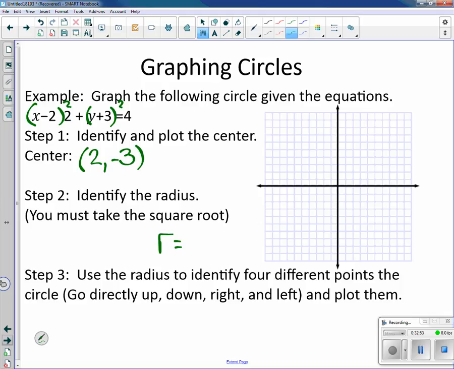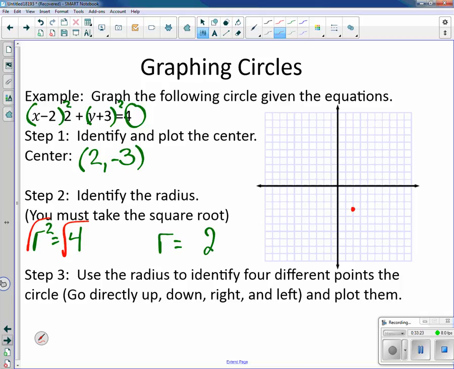Be careful. What's 2? Because you all got to remember, this represents r squared, right? So how do you get rid of an r square? You square root both sides. So my radius is 2. Now, to plot it, the first thing you need to do is plot the center, 2, negative 3.